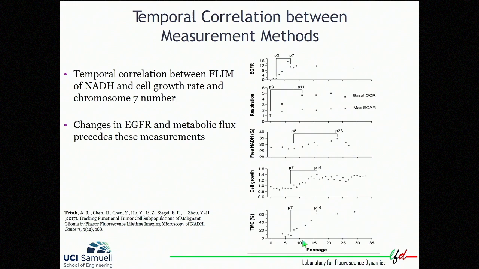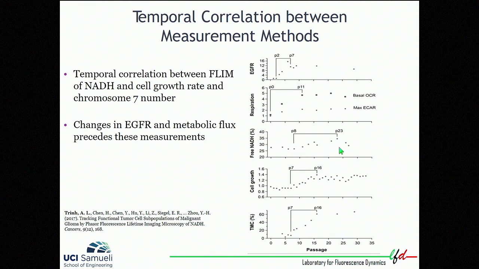So when we put all the data together, we could see that EGFR expression increased between passage 2 and passage 7. The respiration rates have also increased between passage 0 and passage 4.